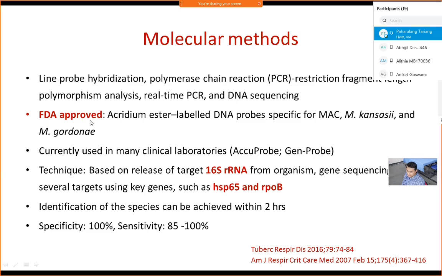The only FDA approved test is the AccuProbe labeled DNA probes, which are specific for MAC, kansasii, and gordonae only. They are based on the release of target 16S rRNA from the organism, and these target genes are the HSP65 and the RPOB gene.